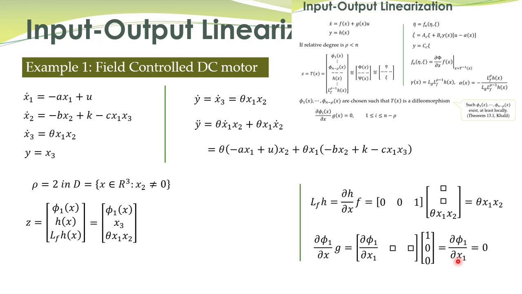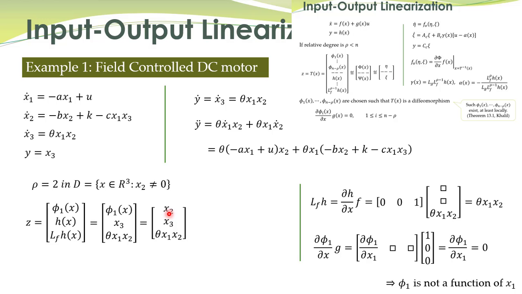Partial phi 1 over partial x1 must be equal to 0. What is its meaning? Phi 1 should not be a function of x1. We can take phi 1 to be any function of x, but it should not be a function of x1. Let's take this to be equal to x2.